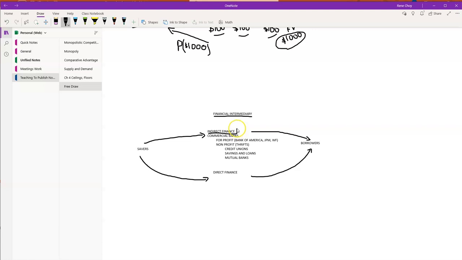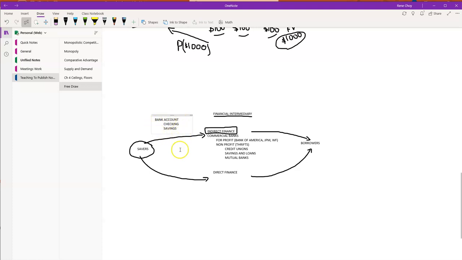So in indirect finance, the money is being transferred indirectly. So savers usually show up to the bank and they open a bank account. Usually a checking account or a savings account. Those are the most common.